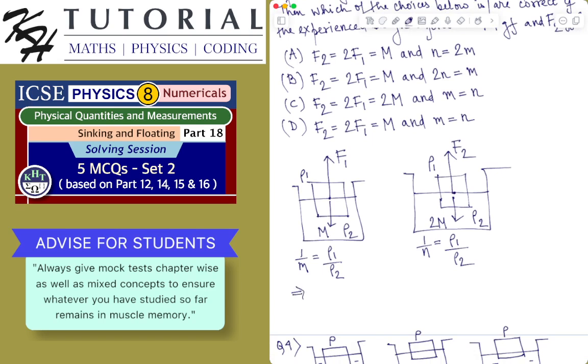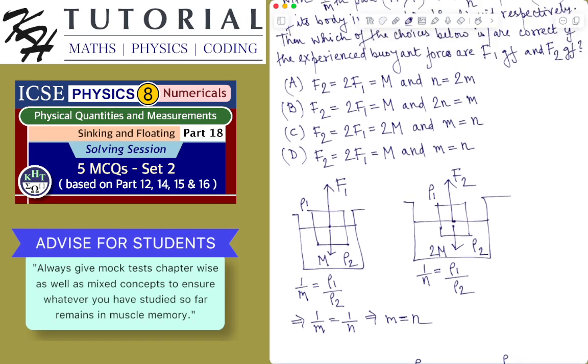So 1 by m is equal to 1 by n. This means if we do cross multiplication, m is equal to n. So at this point we can clearly reject choices A and B, because in choice A it is given n equals twice m, and in choice B it is given twice n is equal to m. Now the correct choice will be between C and D.